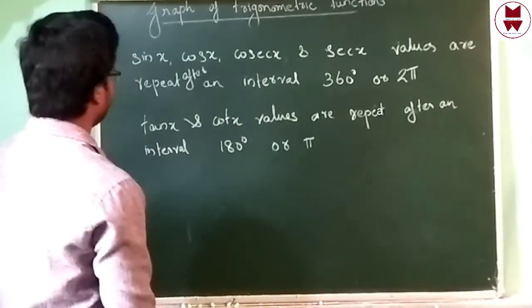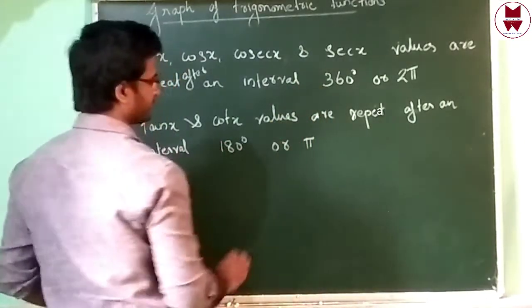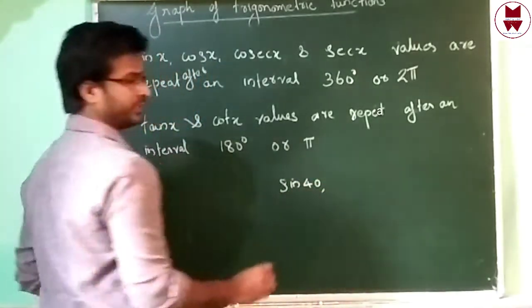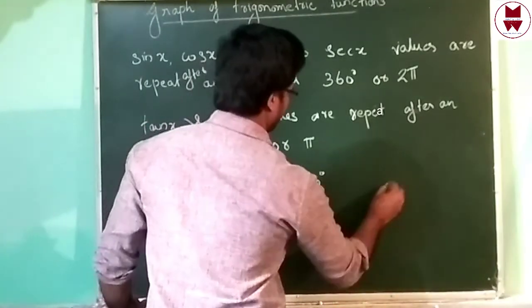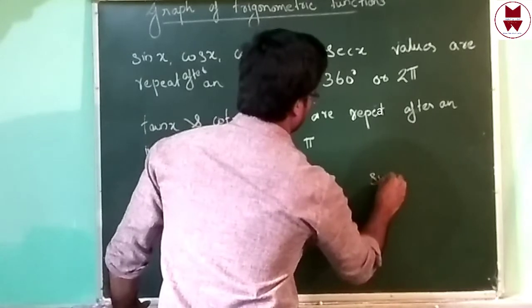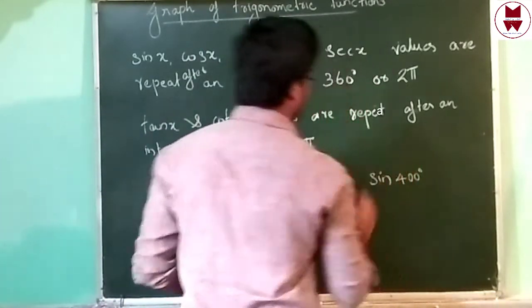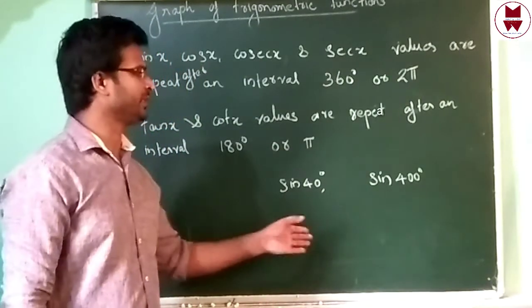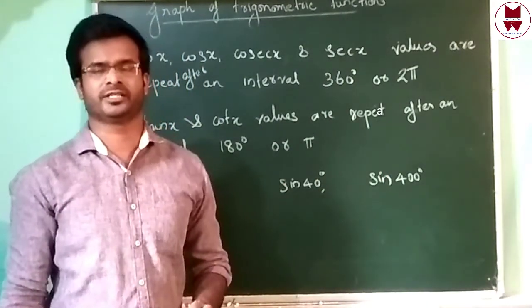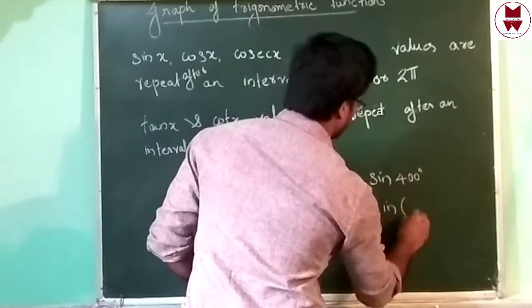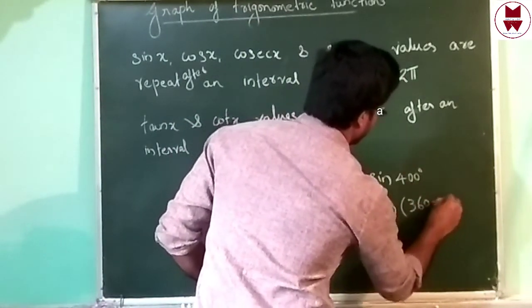Then we can see, look, sin 40 degree and sin 400 degree. Sin 40 and sin 400 will be equal. How? Check it. Sin 400 we can write as 360 plus 40.